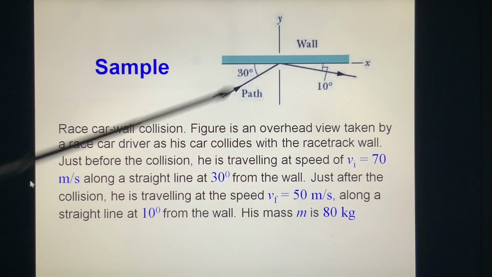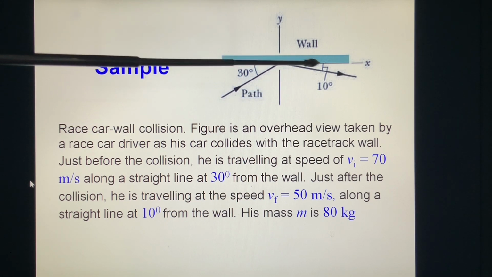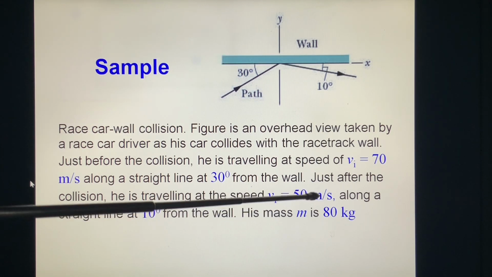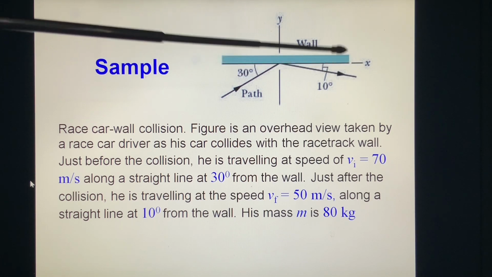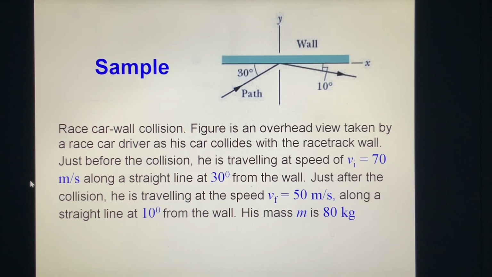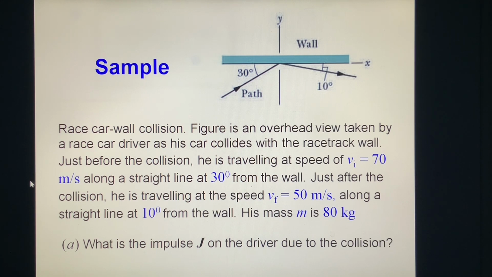Just after the collision, he's traveling at 50 meters per second along a straight line at 10 degrees from the wall. His mass is m equals 80 kilograms. Question A. What is the impulse J on the driver due to the collision?